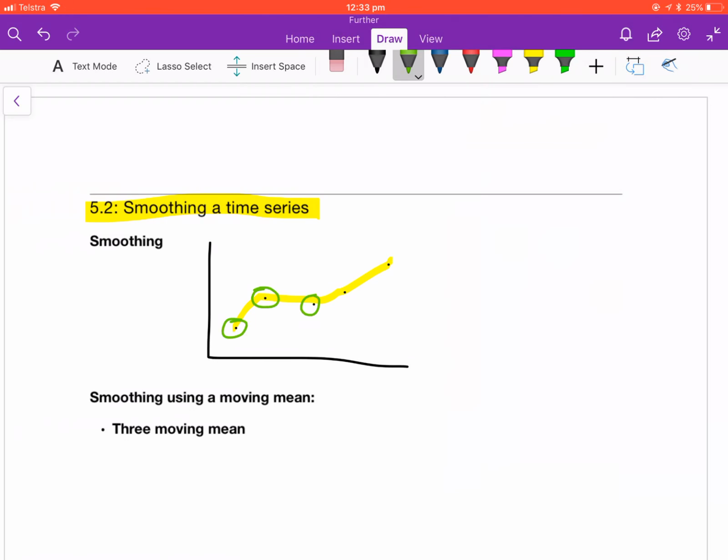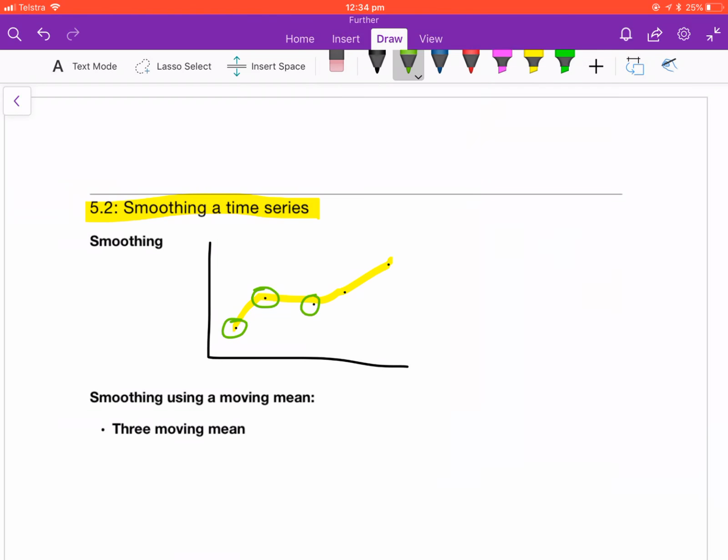Basically, for the data point in the middle, we take the average or the mean of these 3 data points, and we replace this second data point with the value of that average, or the moving mean.